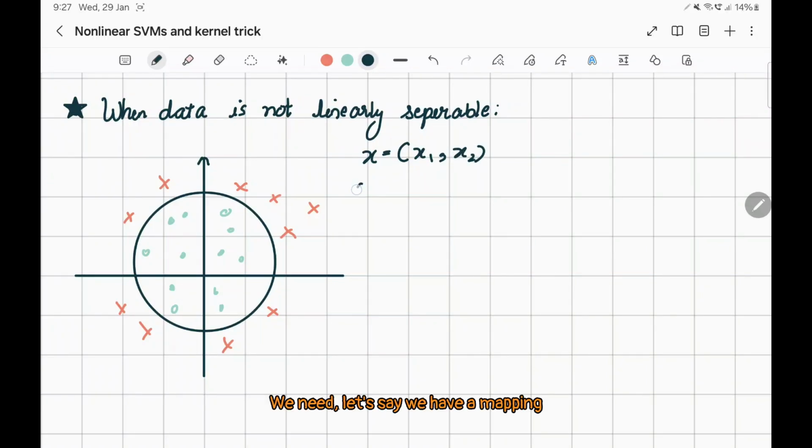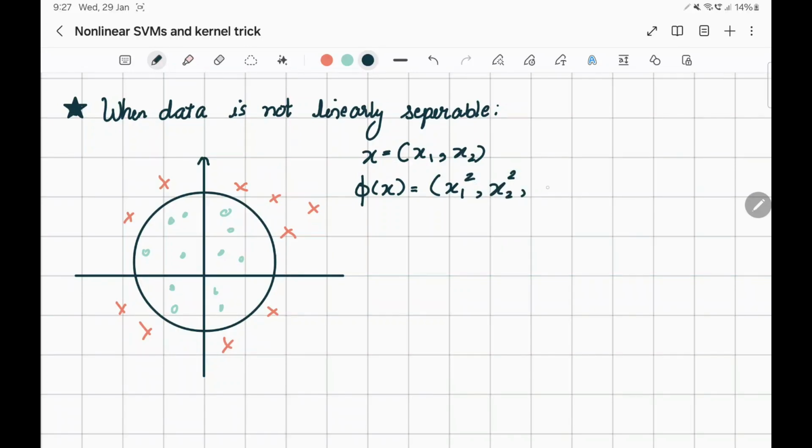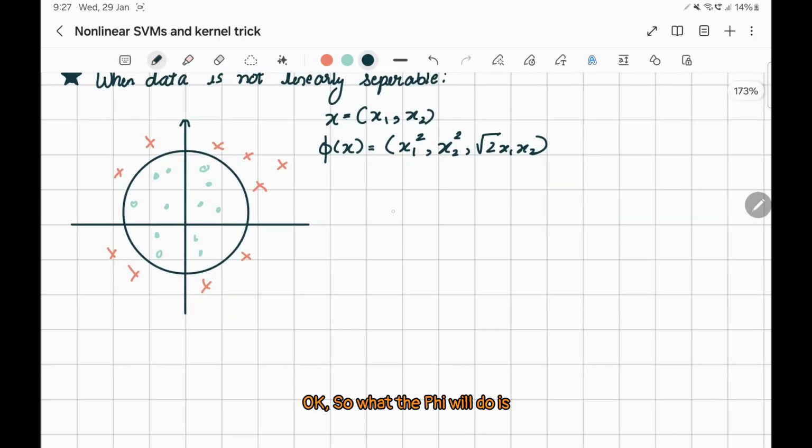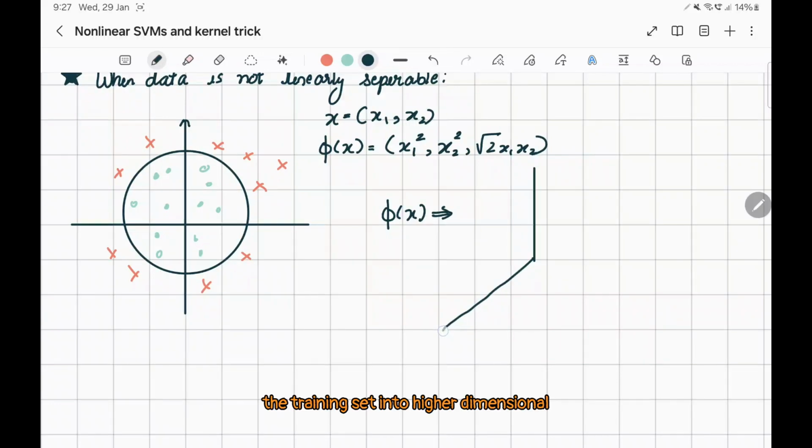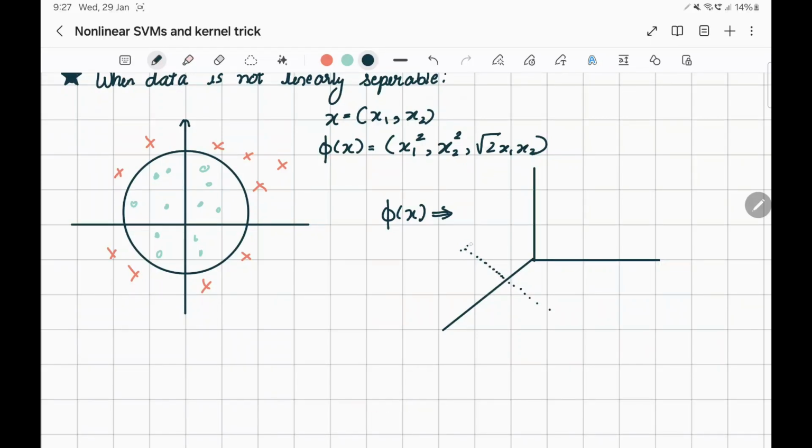Let's say we have a mapping function called phi of x, which will map the training set into a higher dimensional feature space. Then we'll have a plane in the middle which separates the two classes.